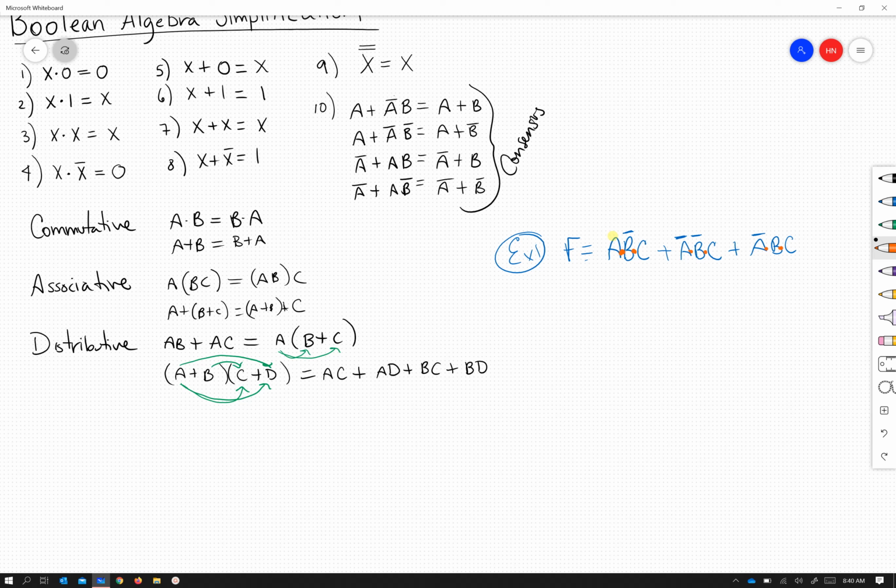So that's 6 AND gates, 2 OR gates, and 4 inverters, unless you reuse some of them, which you could, but let's just pretend we're using all of them. So that's 12 logic gates if we did not simplify and implemented the circuit like this.